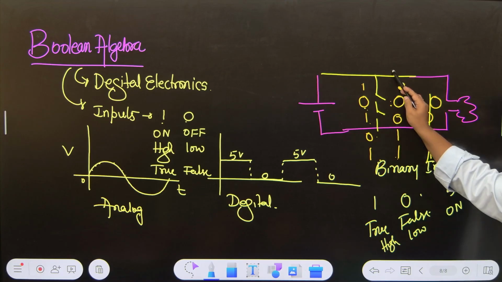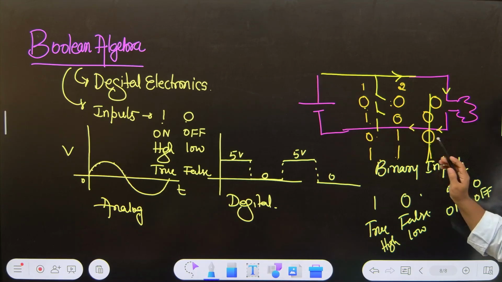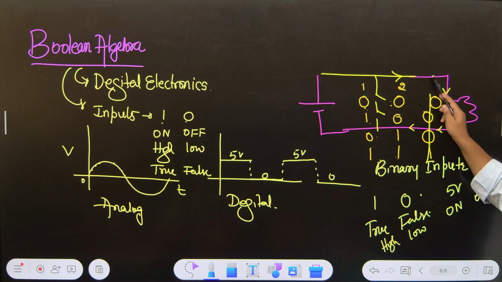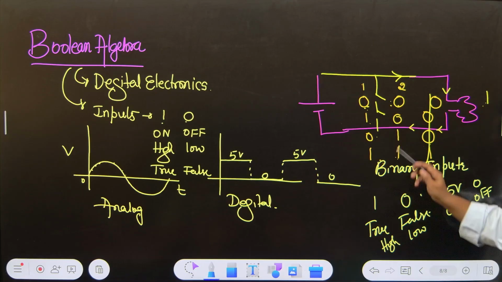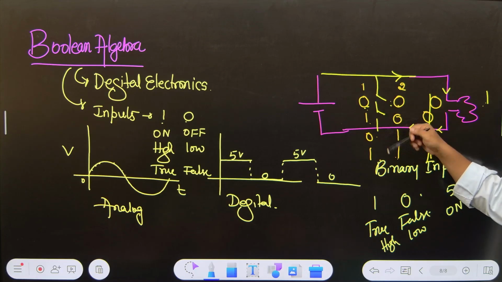Then how will the power go? Power will go through the light, then the light will be on. Are you able to understand or not? The current will not go here because there is no path, it is open. Then the current will go through the bulb and the bulb glows. Then 0, 0, you got what? 1.